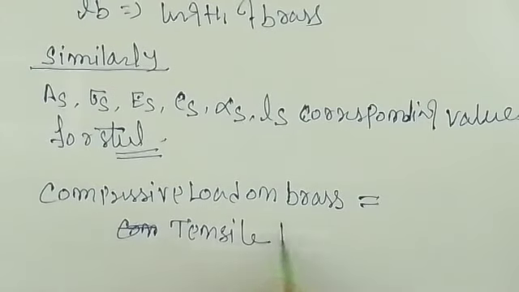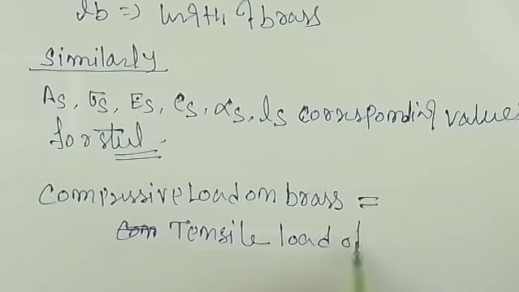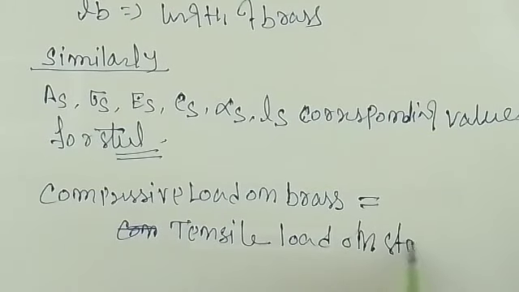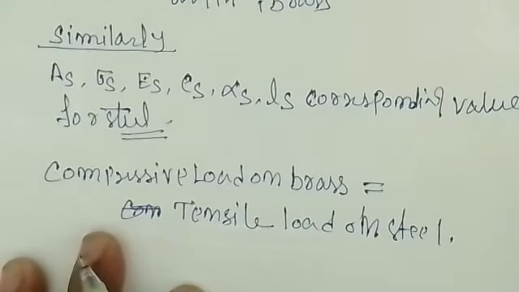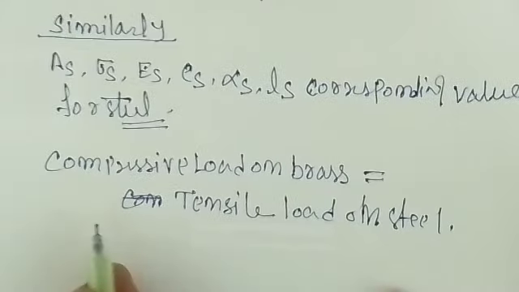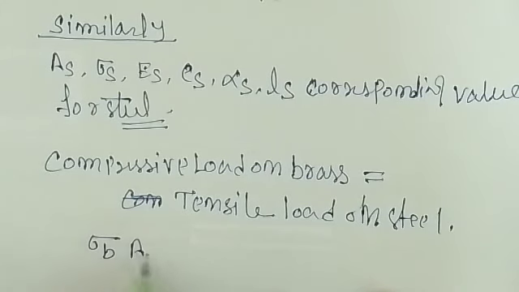Load is nothing but stress into area. So the compressive load on brass is sigma b into ab, stress into area, which is equal to sigma s into as.